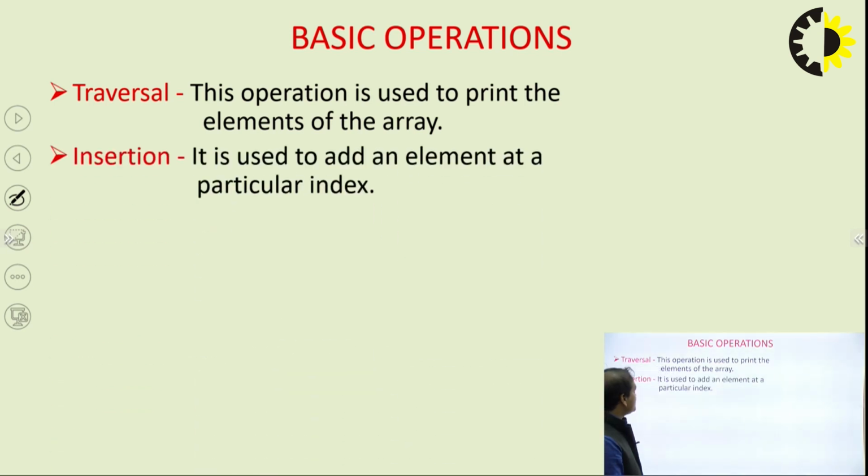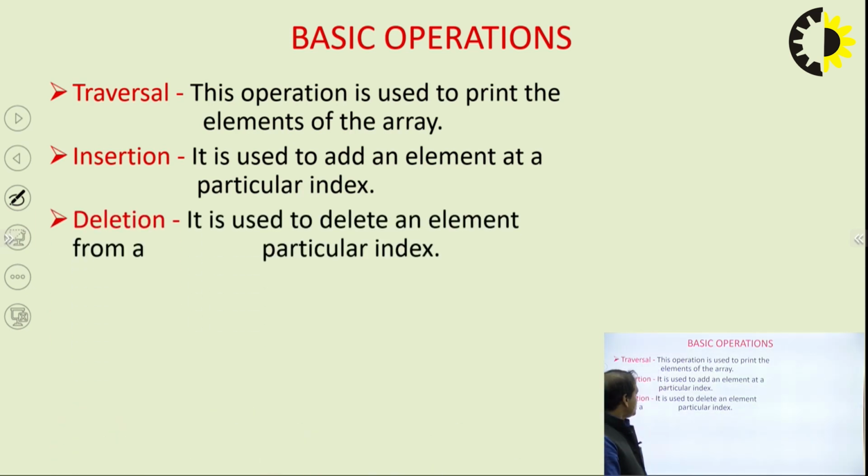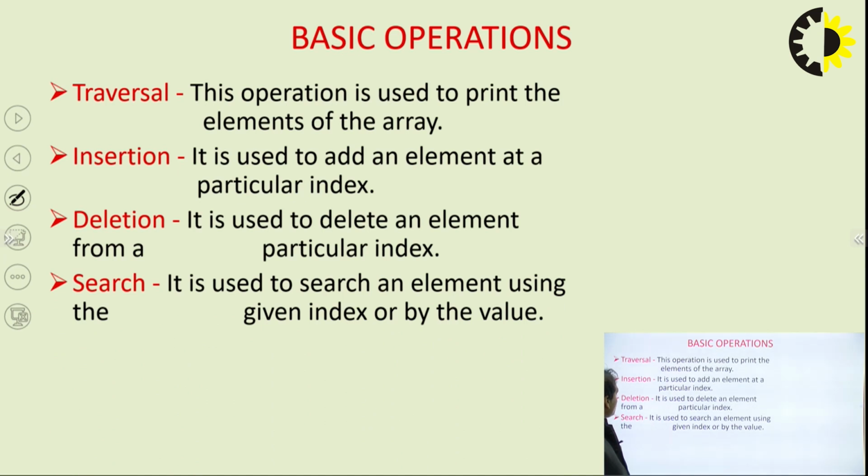The next one is insertion. This is the operation used to add an element to the given array. By using the insert operation, we modify the given array efficiently. The next one is deletion. This is the operation used to delete an element from the given array. If we want to remove an element, we use the delete operation. Next one is searching.